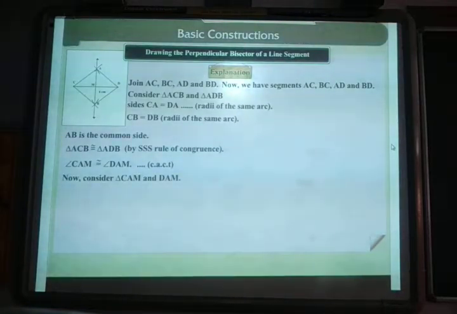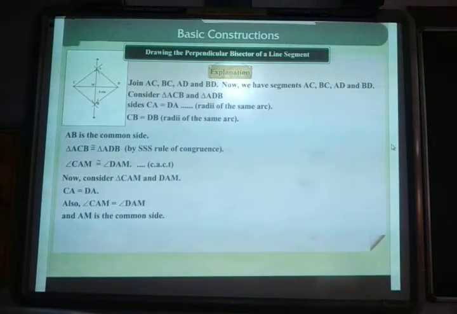Now, consider triangles CAM and DAM. We already know that CA and DA are equal. Also, the angles CAM and DAM are equal. Since AM is the common side, we can say that triangles CAM and DAM are congruent by the SAS test.